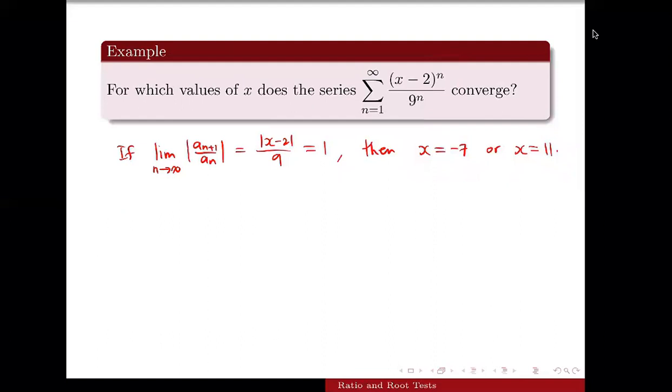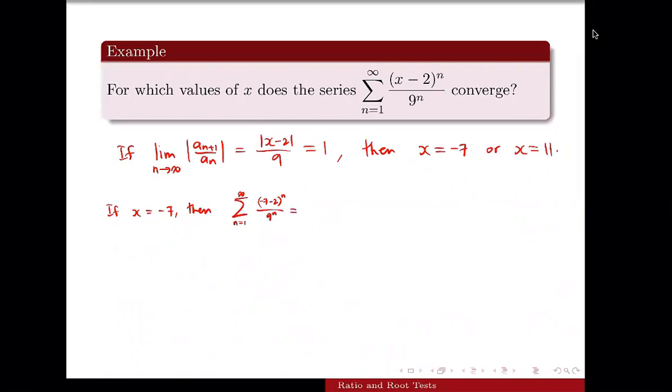But why are they important? Because there's a possibility that they are convergent or divergent at those points. And we are asked to determine for which values of x the series converges. So we have to check these endpoints. Look, if x equals negative 7, then you will have the series sum from n equals 1 up to plus infinity of (negative 7 minus 2)^n over 9^n.